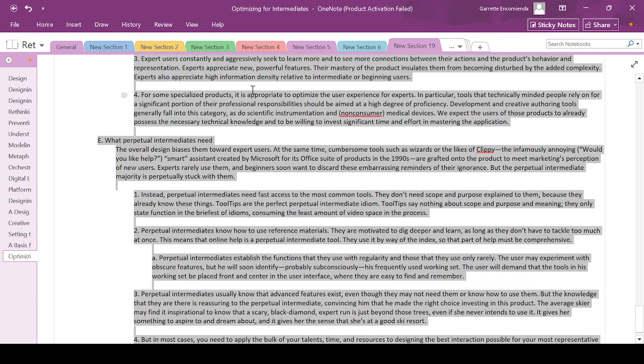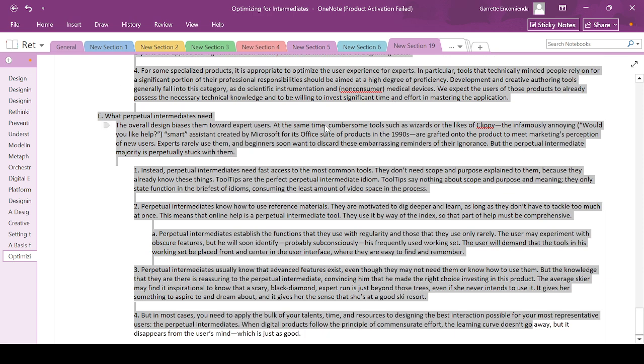Experts also appreciate high information density relative to intermediate or beginning users. They want high information density because they can absorb it quickly, just like reading increasingly complex books, right? It's just the sheer repetition of how you do things every day. Your brain is just prepared for that.